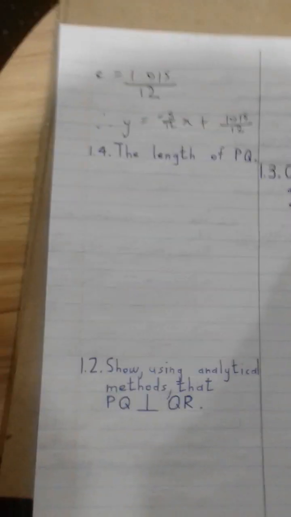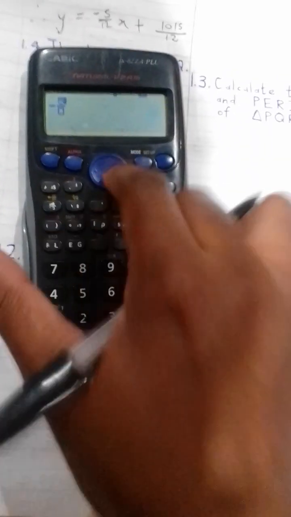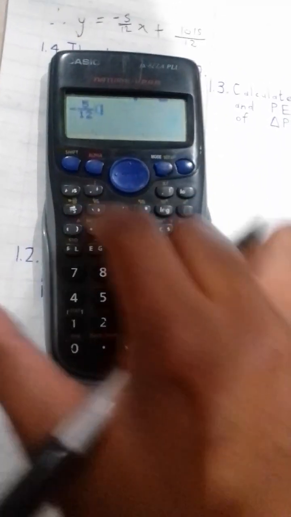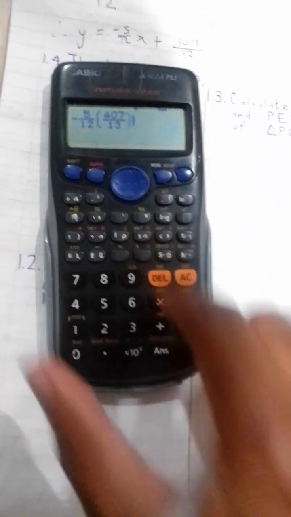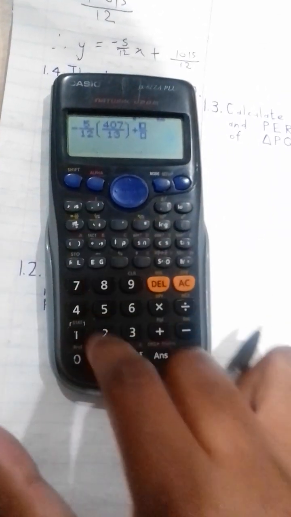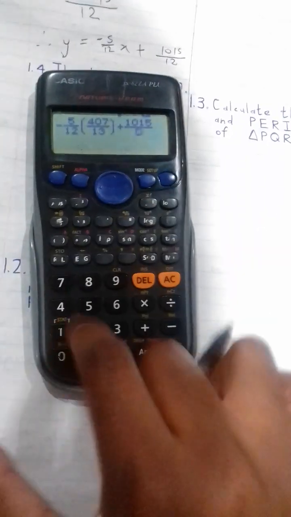Now let's use this and substitute R, 407 over 13, 930 over 13. We're supposed to get 930 over 13. So negative 5 over 12 times 407 over 13 plus 1015 over 12 gives 930 over 13.